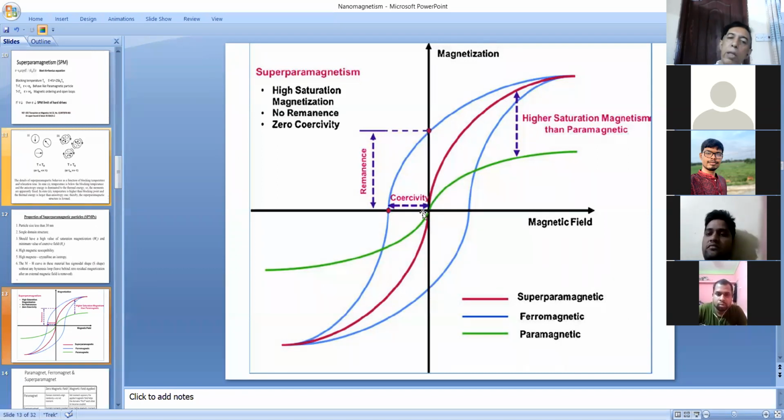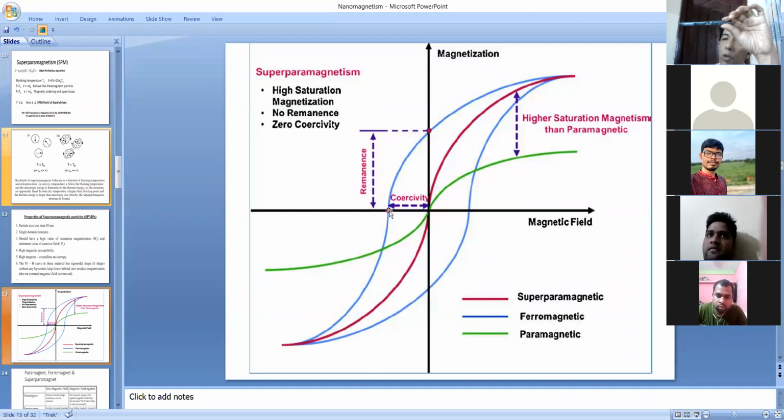And the coercivity tells us how much energy we shall require to bring the magnetization to zero. This is a magnet. I don't want it to be a magnet. I want it to have zero magnetic moment.